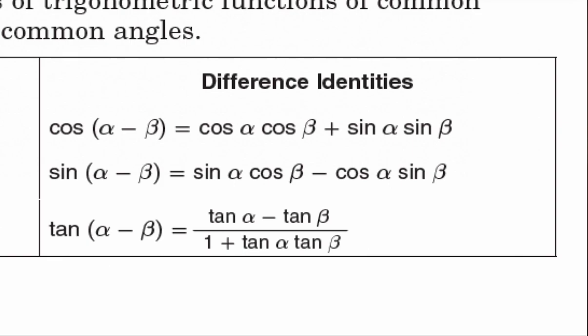What these formulas do is that takes any two values on the unit circle, and we can add them, or we could subtract them, and so then we get more options that we can find exact values for. So that's what it is used for.